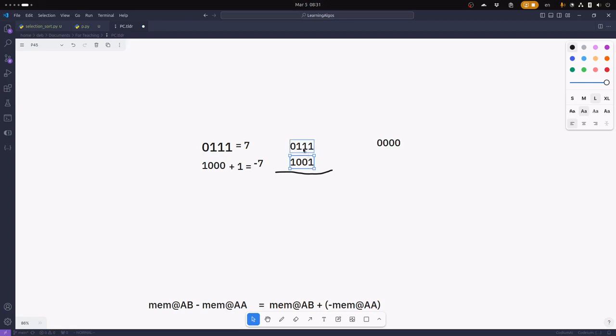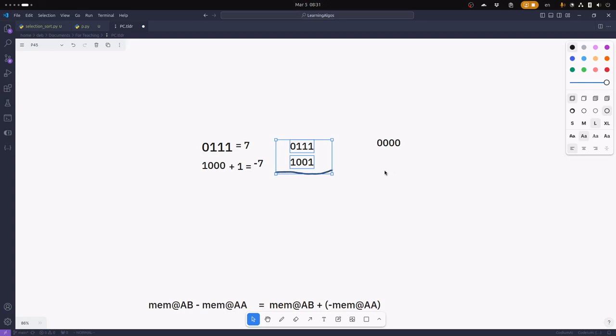We remove the first value, which was 1, and the answer is 0 0 0 0, which means 0. So the process we just did is correct. This is how we make a positive number negative, and then add the two numbers. This is how we do subtraction.